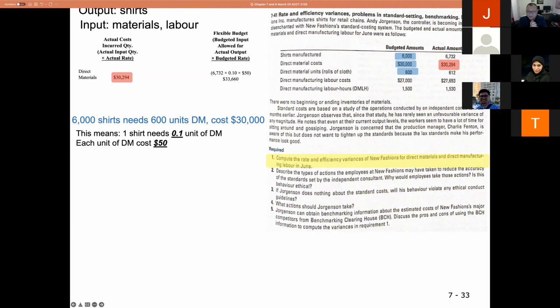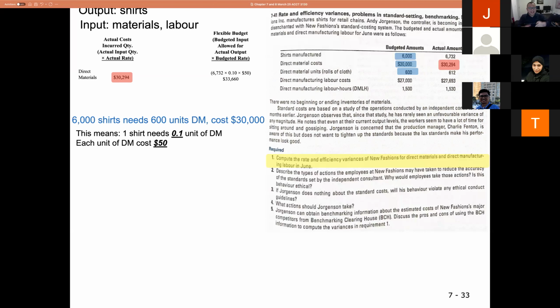Yes. Okay, good. Now tell me what should be in the middle. You have to have something in the middle. Actual input quantity times the budgeted rate. Very good. You use the actual input for the output, and then times the budget rate. That's the key.